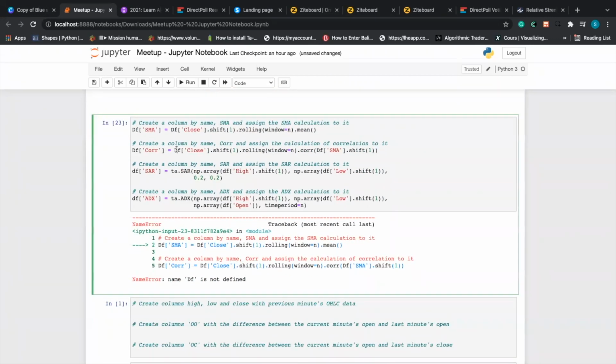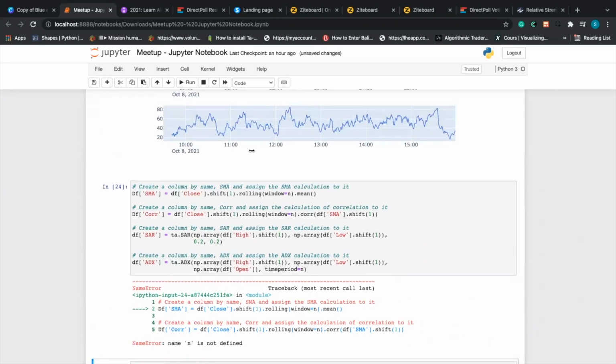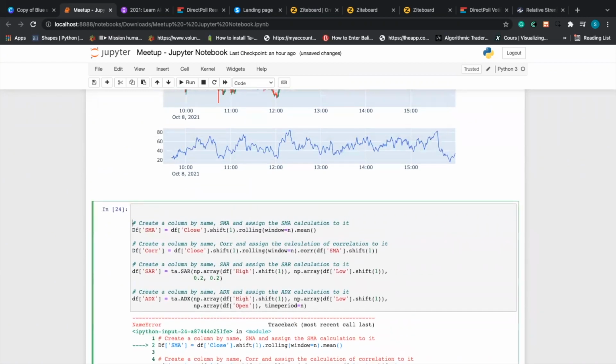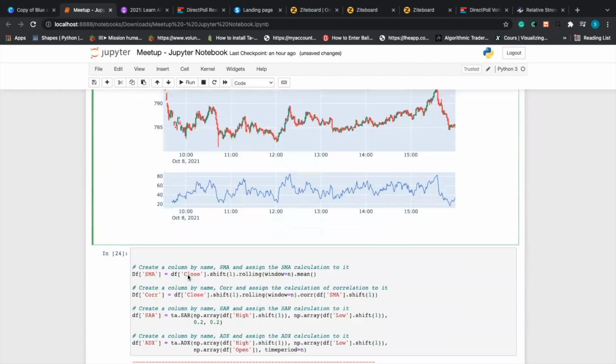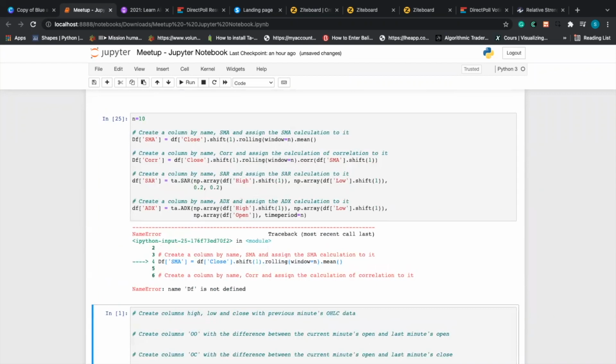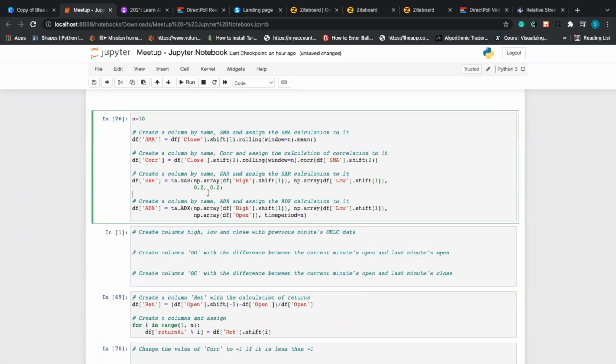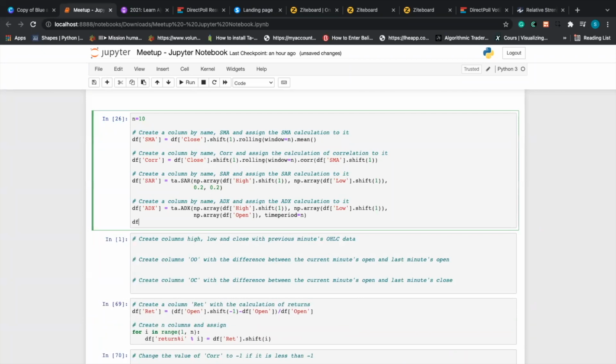Yes, I made a mistake. N is the number of periods. Let's do that: N equals 10. Now let's print our data frame.